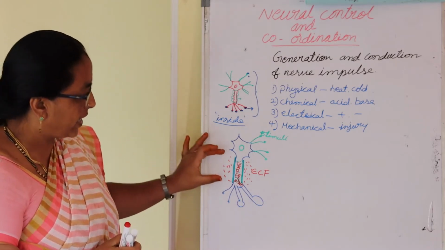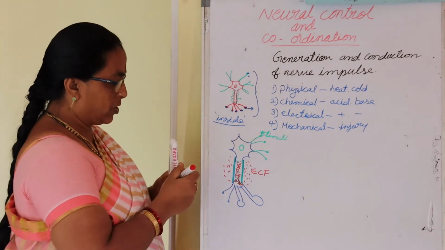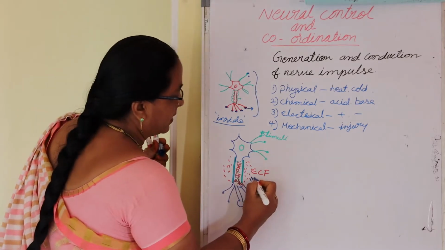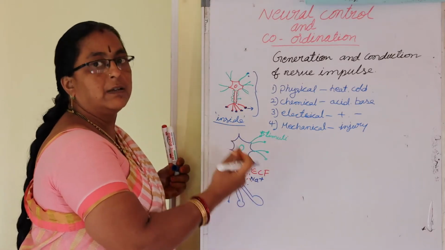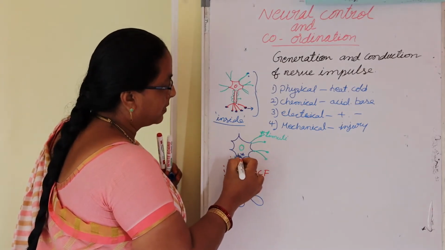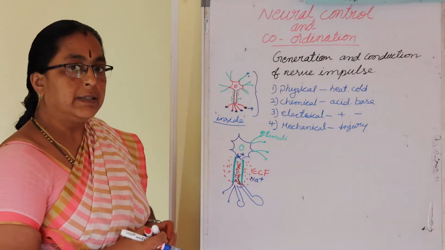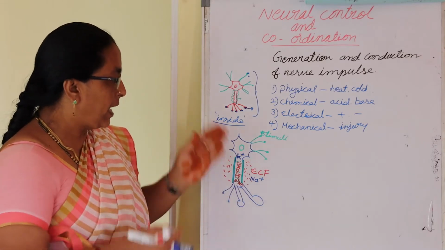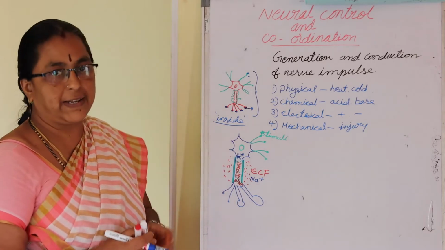Why? Because when action potential is generated, outside, the extracellular fluid contains sodium plus ions, and intracellular, inside of the membrane, K plus ions are present. There is a difference between the ions, and to compensate the difference, inside and outside the ions are exchanged through the channels.